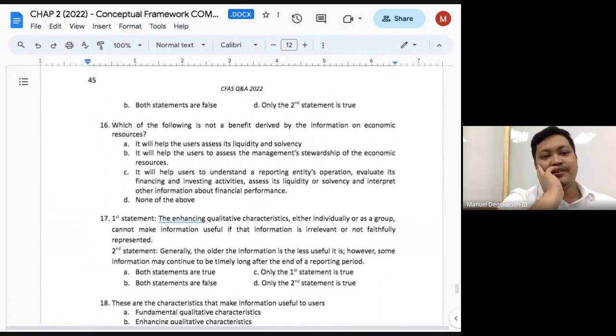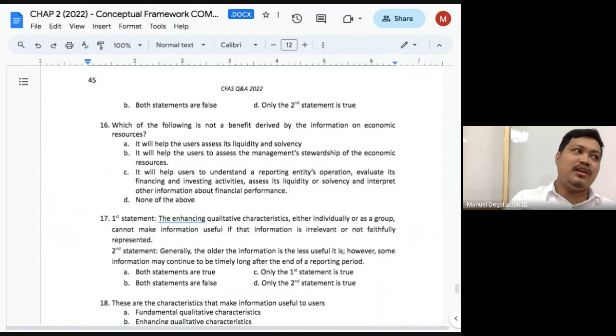Okay, what does letter C tell us? It will help users to understand a reporting entity's operation, evaluate its financing and investing activities. If you're looking for the financing and investing activities, will the economic resources be enough? The answer is no. You will need your statement of cash flows to evaluate the financing and investing activities.